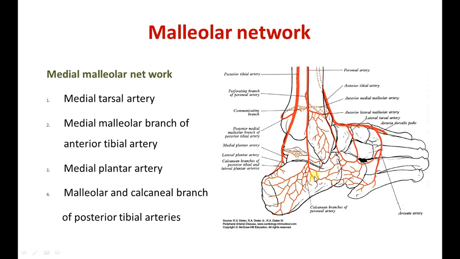The anterior tibial gives both the medial malleolar branch and the lateral malleolar branch. Here it is the medial plantar artery, there the lateral plantar artery. Laterally, one more extra artery is the arcuate artery. Then the posterior tibial artery gives the malleolar and calcaneal branches here, and perforating branches there.